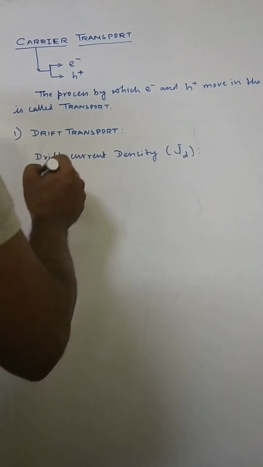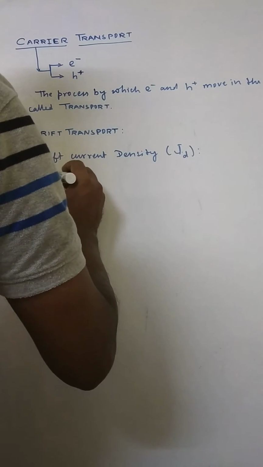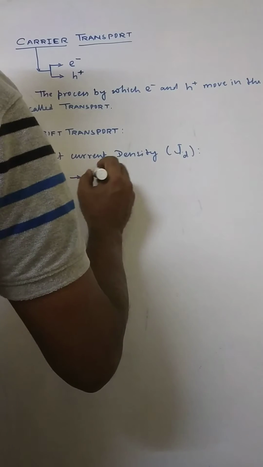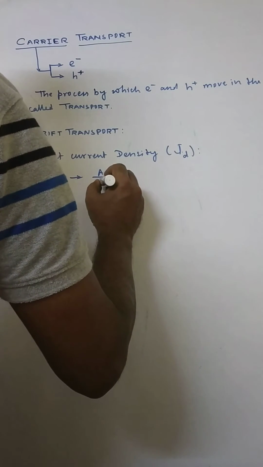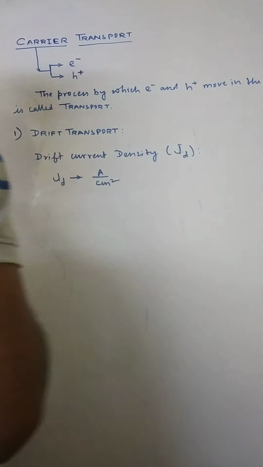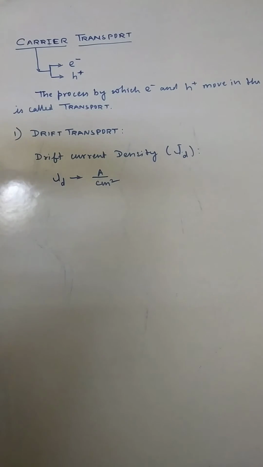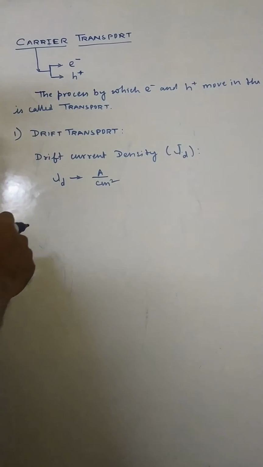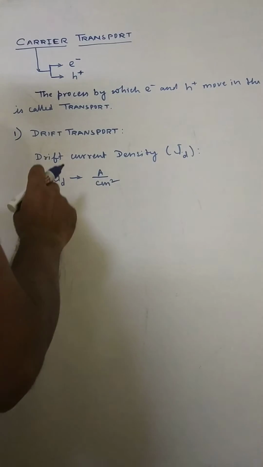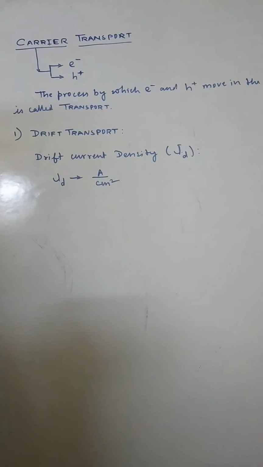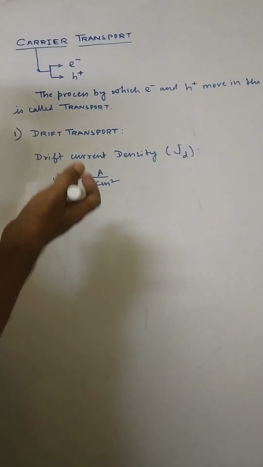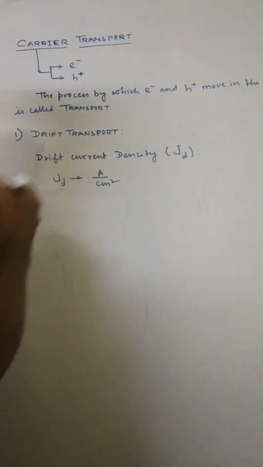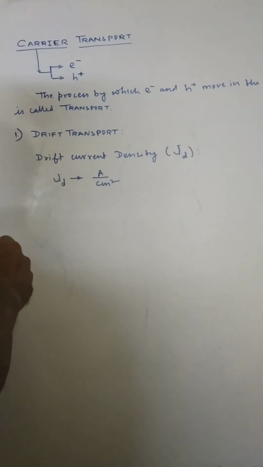The unit of current density is ampere per centimeter square. This drift current also has two types, one due to the hole, the other due to the electron.